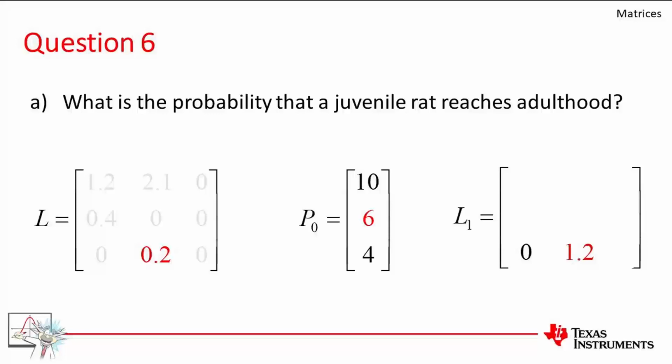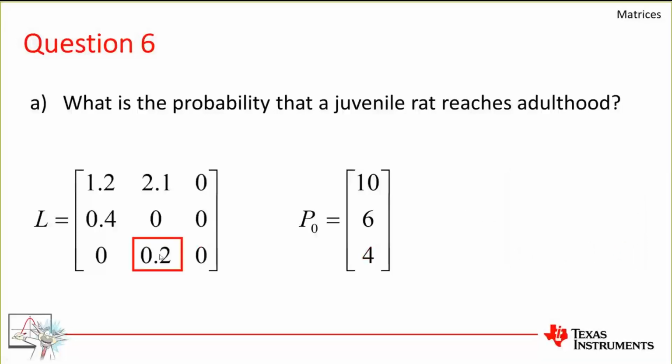It's only these juvenile ones, and then 0 adult rats turn into adult rats in the next generation. That's because our rats only live for the 3 generations, the 3 transitions of 3 years. So our probability is simply 0.2. No need to use a calculator. It's just, do I understand the Leslie matrix?